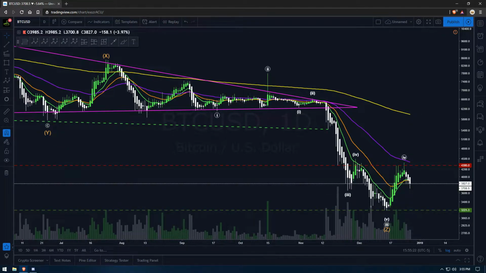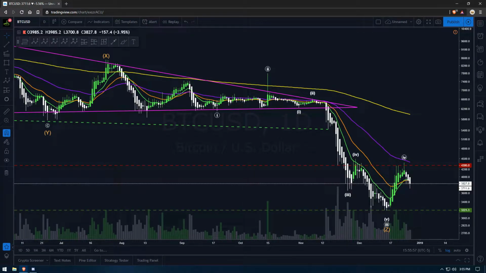So wave 2 is always going to be related to wave 1, whether it's 50% or that golden ratio 61.8%, between that and 65. We call that the golden pocket, which I'm sure you've heard me say before. And wave 3 is always going to be related to wave 1, because wave 3 is either 1.618 the length of wave 1 or 2.618 the length of wave 1, or in rare cases of extreme extension, it's 4.25 the length of wave 1.